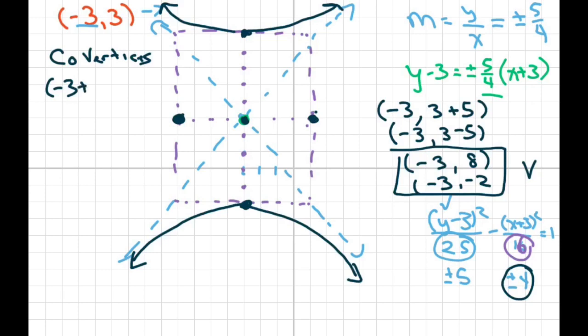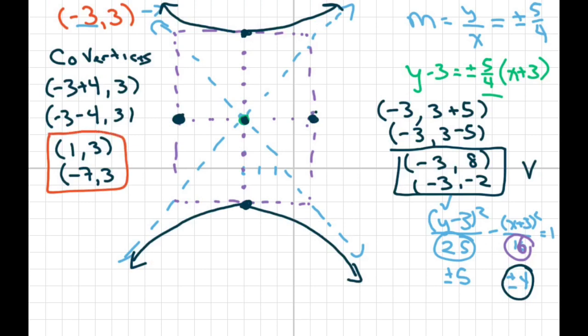So you add 4, and that's your y part, and we subtracted 4. So your co-vertices are 1, 3, and negative 7, 3. These are your co-vertices.